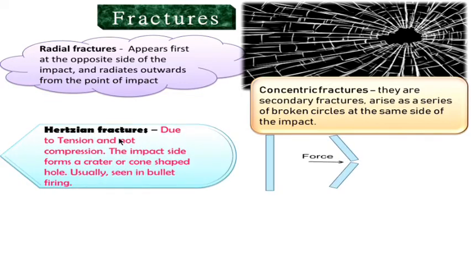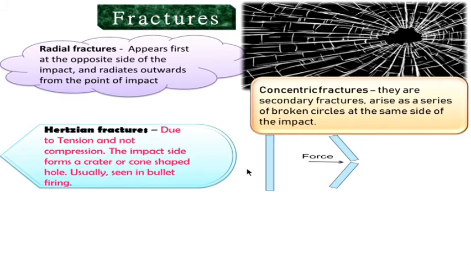Hertzian fractures, this is because of tension, not because of compression. These two fractures are because of compression, but this is not the case. This gives a cone shape to the glass. Why does this occur? Because of sudden high force, usually seen in bullet firing.